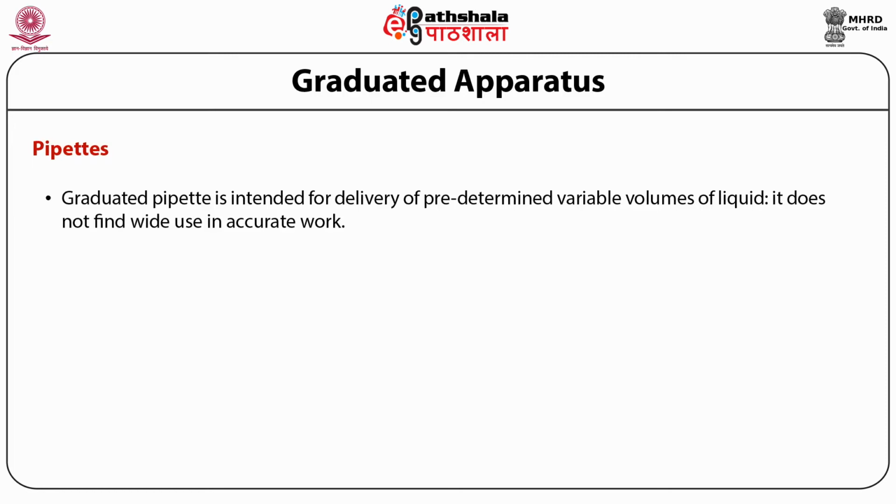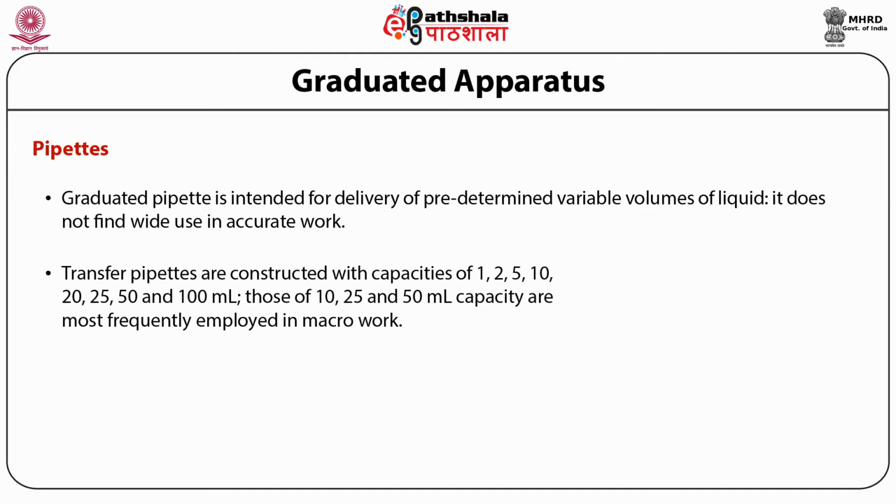It does not find wide use in accurate work, for which a burette is generally preferred. Transfer pipettes are constructed with capacities of 1 to 100 ml, and nowadays pipettes which can measure volumes of 0.01 ml are also available.